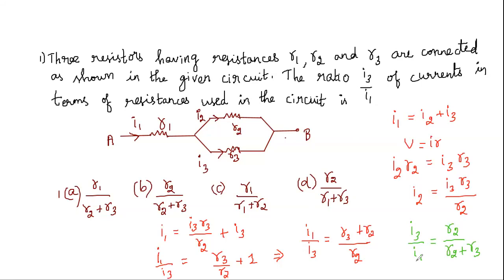So you have got the answer now. I3 by I1 equal to R2 by R2 plus R3. So that is actually option B. So option B is the right answer here.